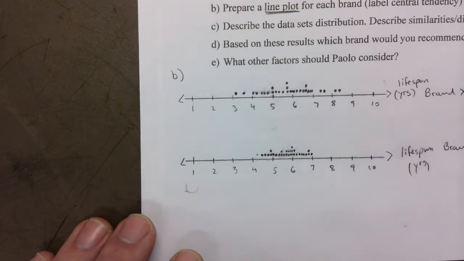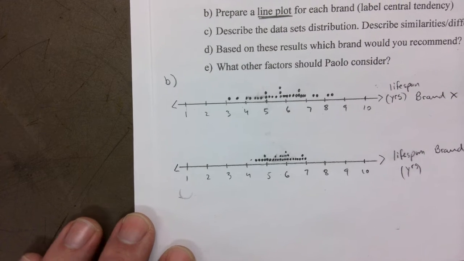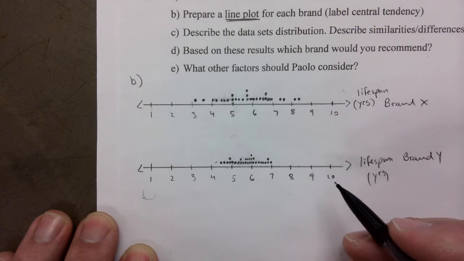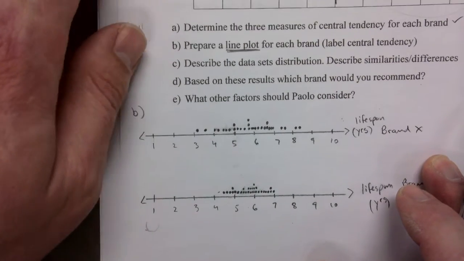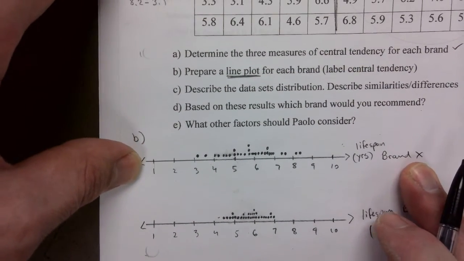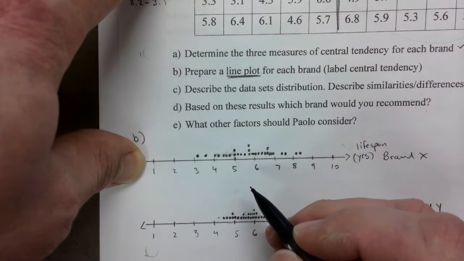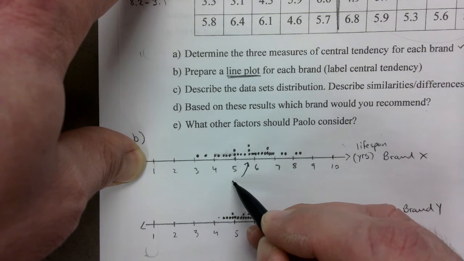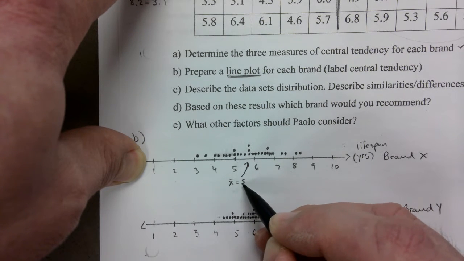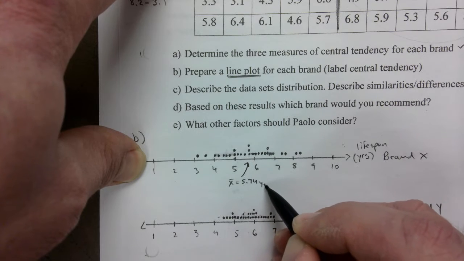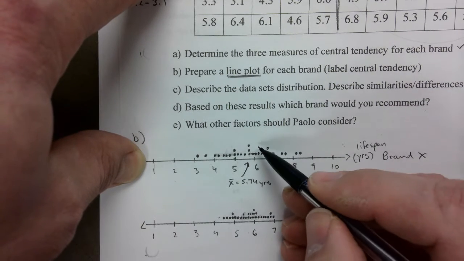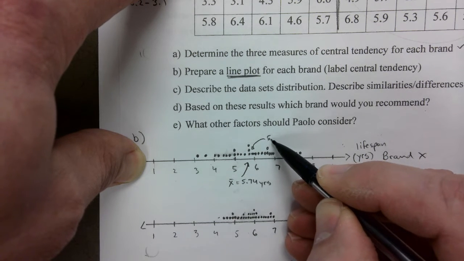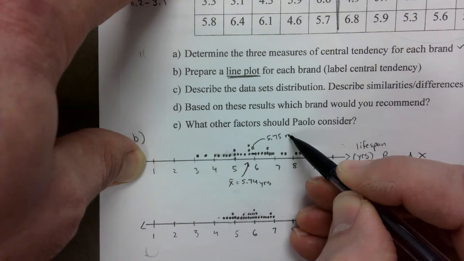But when it comes to a line plot, what you need to do is make sure you add the mean, median, and mode. So if you go back to brand X, we have that the mean is 5.74 years, so it's right about there. The median is 5.75, so I'm going to go here, median.